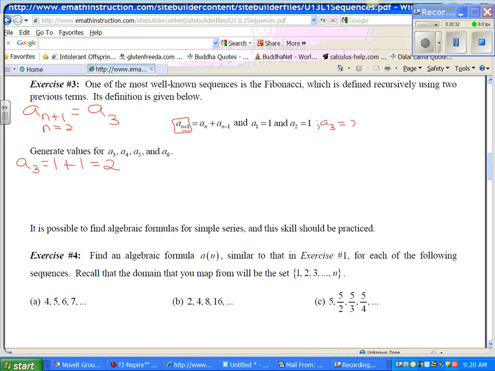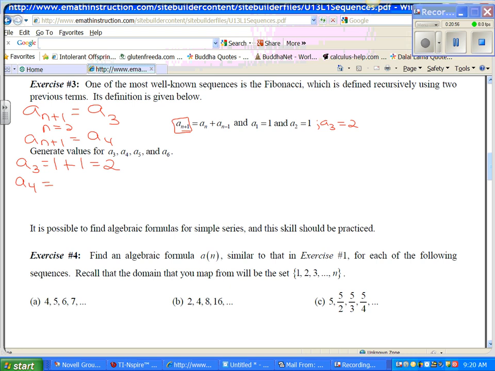And I'm just going to write them down up here so I can keep them clear. Okay, A sub 4. What is n? Is it the same every time? No. What is n? 3. Okay. A sub n plus 1, A sub 4, n is going to have to be 3. Okay. So pay attention to what n is.